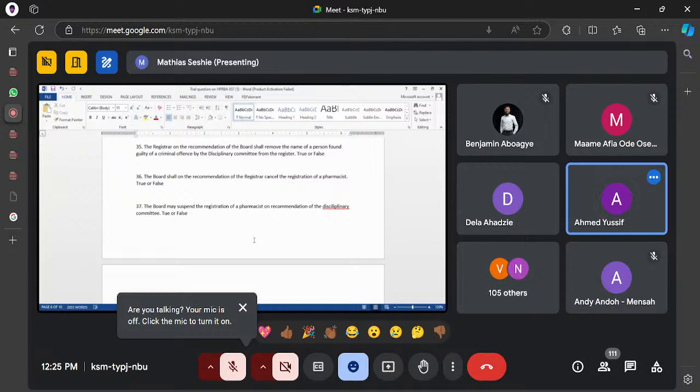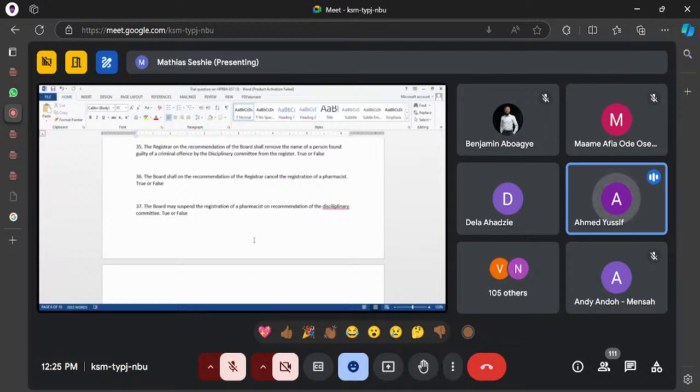However, if Mr. Cabo went to steal, maybe he stole someone's money, or he killed someone, murder, or he did something that is against the laws of the land, it becomes a criminal offense. So you have criminal offense and you have professional misconduct.